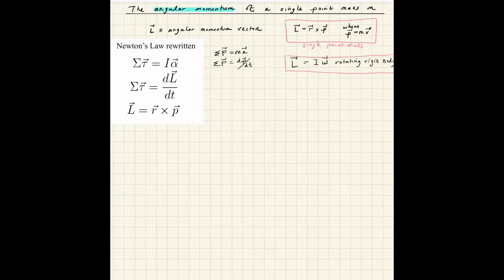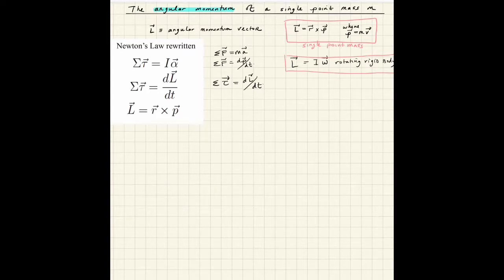And in a similar way, we're going to do the same thing for torques. We're going to find the same relationship between the rotational force, which is torque, and the rotational momentum, or angular momentum, L vector. So let's get started.